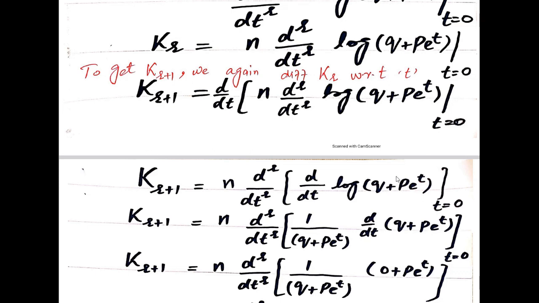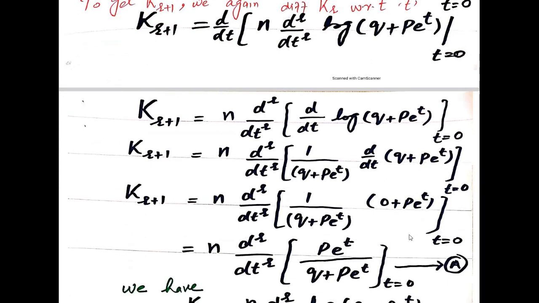So suppose this is your x: 1 over (q + pe^t) times d/dt of (q + pe^t). So n d^r/dt^r of 1 over (q + pe^t), and the derivative of a constant is equal to 0, because here we differentiate with respect to t.